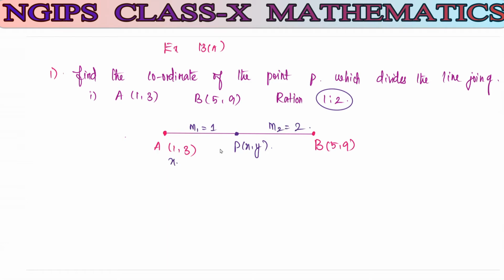The first point is x1 and y1, and the other is x2 and y2. So x1 is 1, y1 is 3, x2 is 5, y2 is 9, m1 is 1 and m2 is 2.